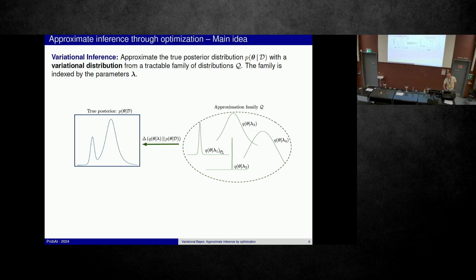And then we have lambda here, which is an indexing into this family. So our task is to find that lambda that gives us the best result. We can think about lambda as a parameterization, so here the mean and the standard deviation for that Gaussian that we are going to choose. So the problem of variational inference is an optimization problem where we are looking for the parameters lambda that are best.